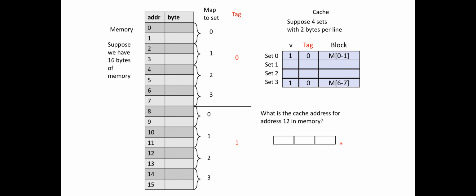Okay, so let's do an example. What is the cache address for address 12 over here in memory? Well, this is in set 2, tag 1.